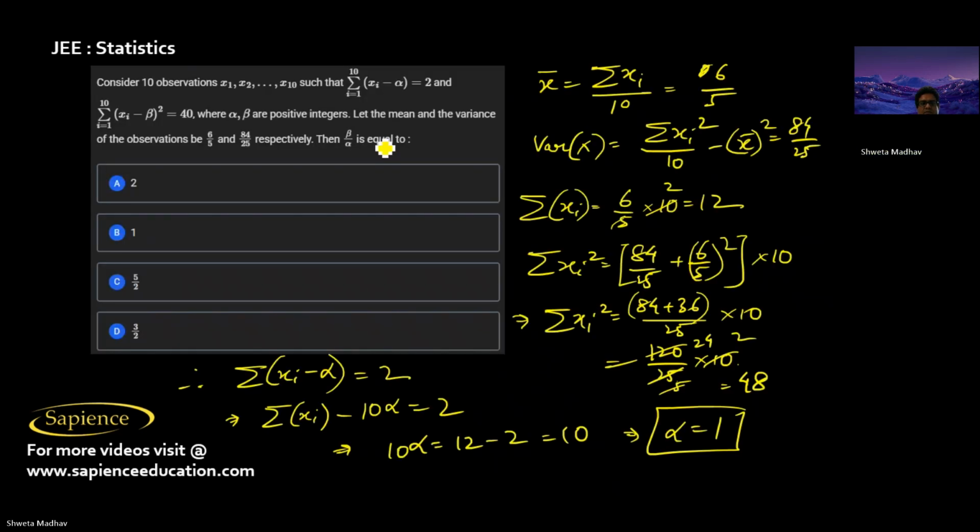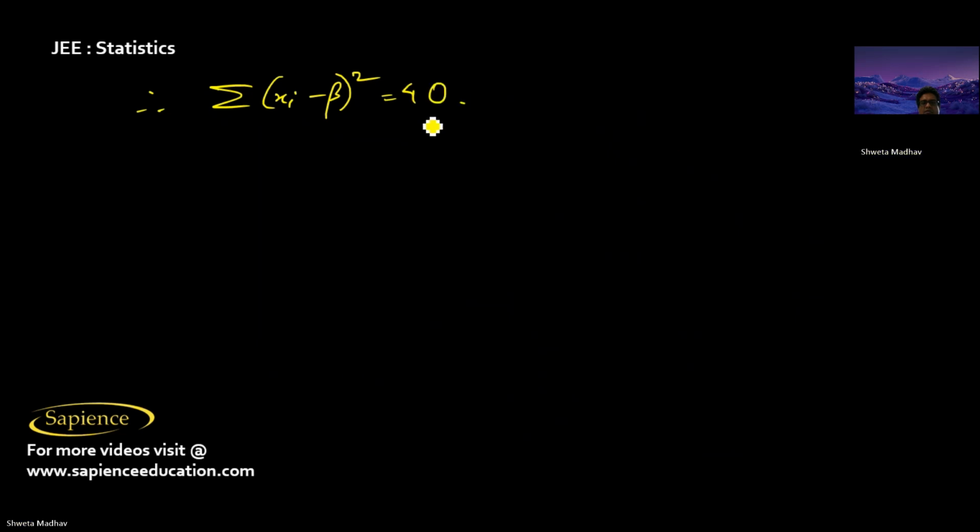So now summation xi minus beta whole square is equal to 40. Therefore, I can say summation xi square plus beta square minus 2 xi into beta is equal to 40.